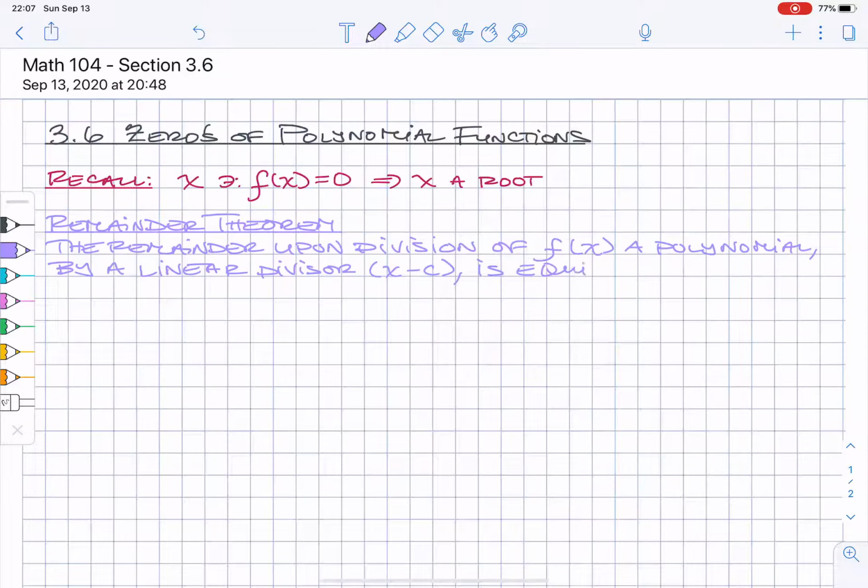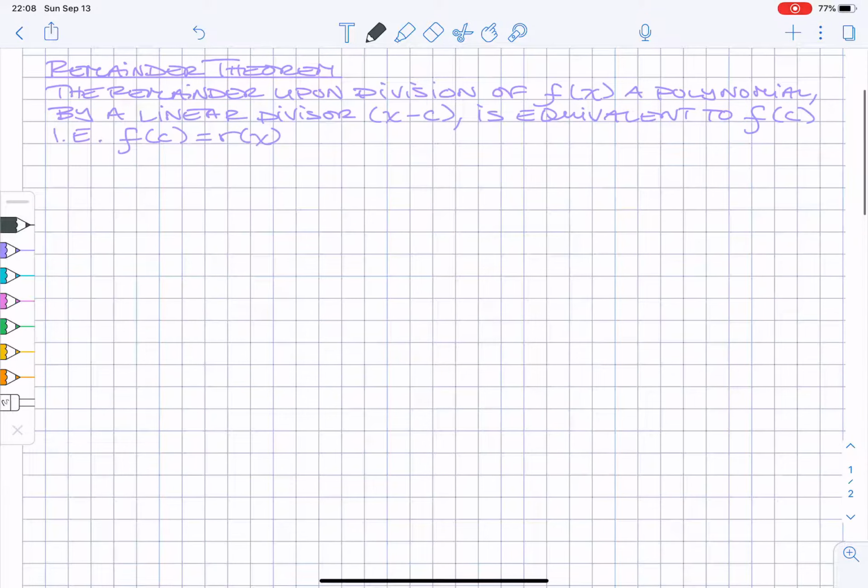So that is, f at c can be thought of as a remainder r of x. Okay, so for example, evaluate or find the remainder for the following.